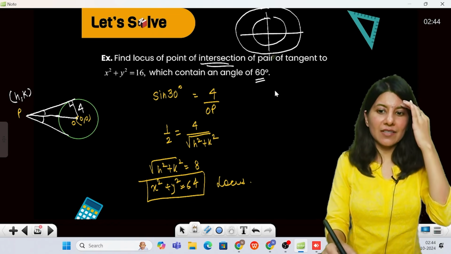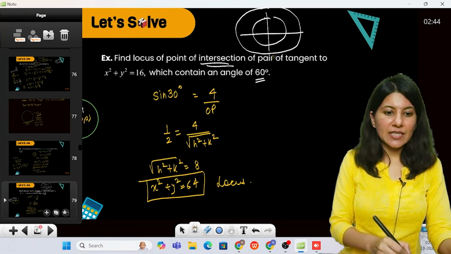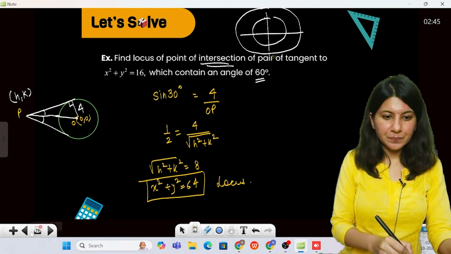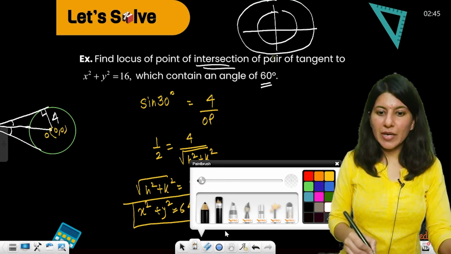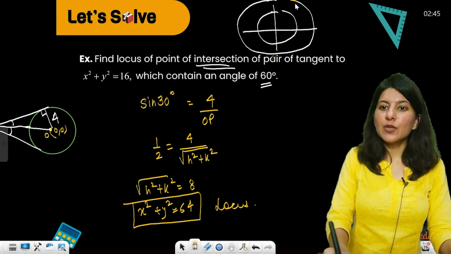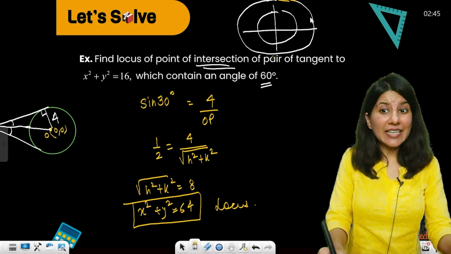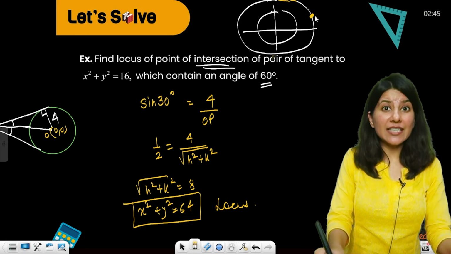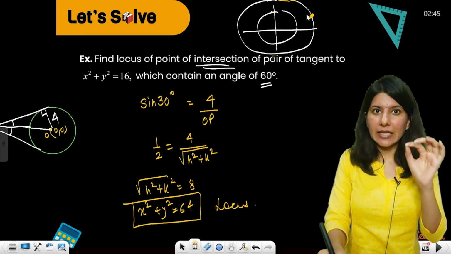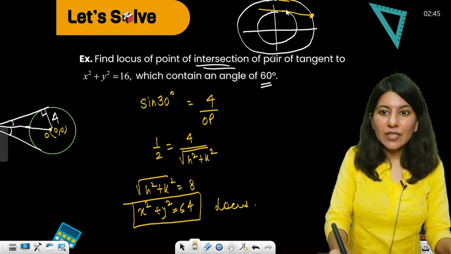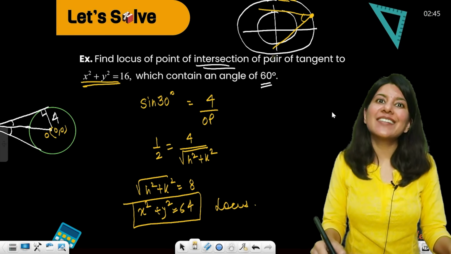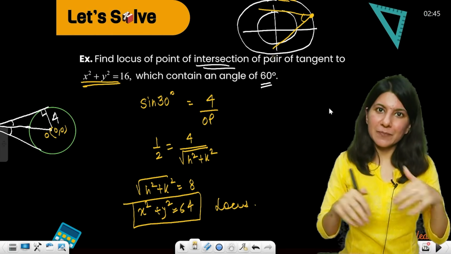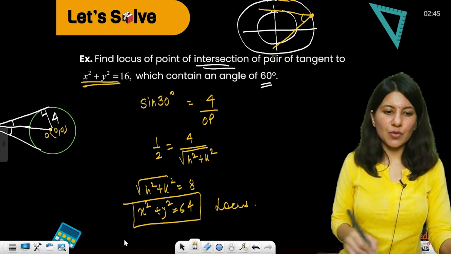Basically these two are concentric circles, correct? Now if you take any point on the outside circle with radius 8, and you draw any two tangents to the inner circle, you will get a 60 degree angle only. Are you getting my point? So this is what the question was all about.